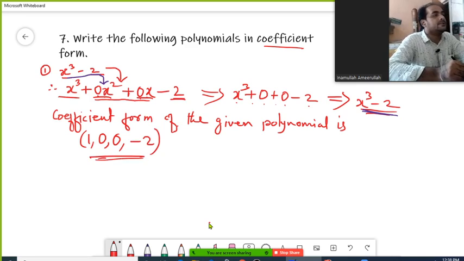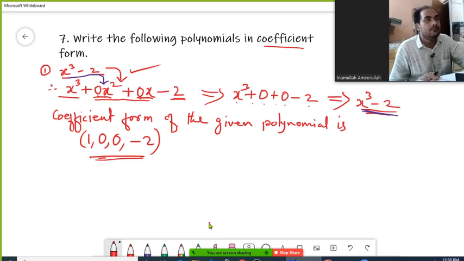So this is called the coefficient form of this given polynomial. So this way you can find out the coefficients of the polynomial.